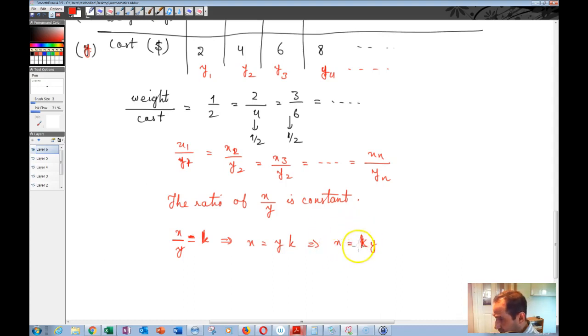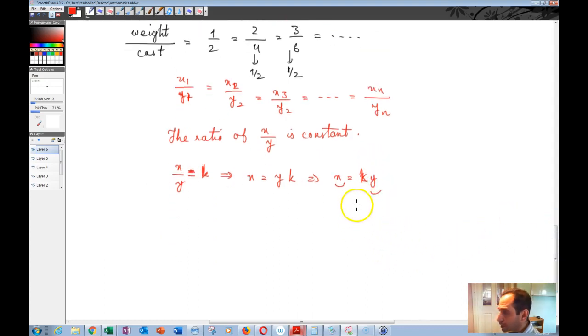And so if there is this kind of relationship between two variables, x is equal to k times y, or if x to y is equal to k, we call this an instance of direct proportion.